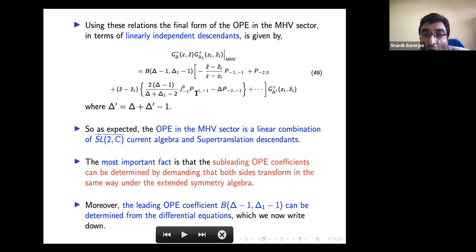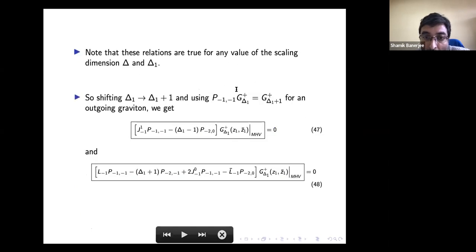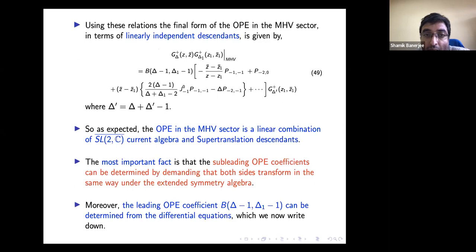So I have J0 minus 1, P minus 1 minus 1, and minus delta P minus 2 minus 1. Okay. So one can see that this OPE actually exists. That is an important point, because without the OPE, we cannot do anything.